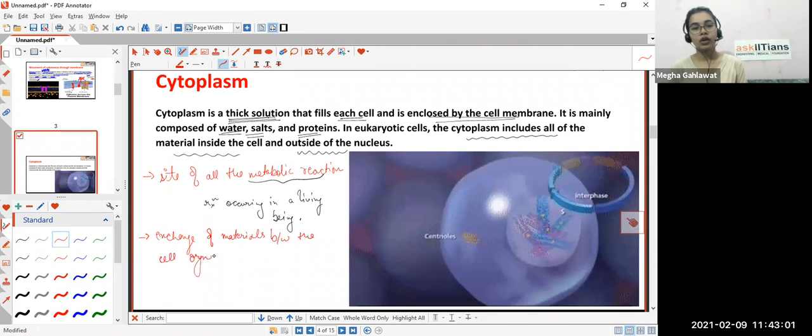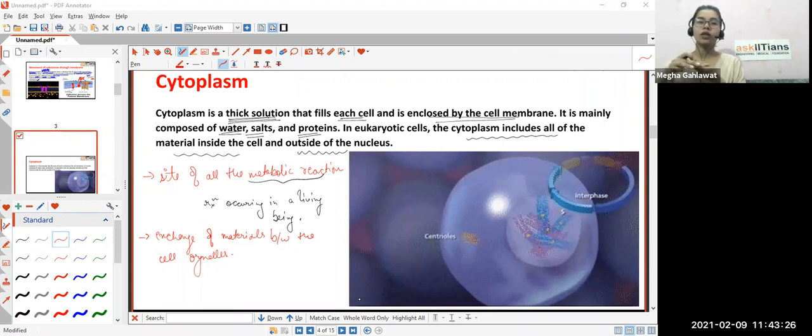Apart from that, it is also a storehouse for the raw materials which are required for the metabolic reactions. For example, my cells have mitochondria inside them, and my mitochondria require glucose for the production of energy.